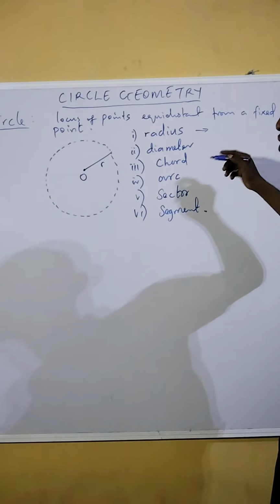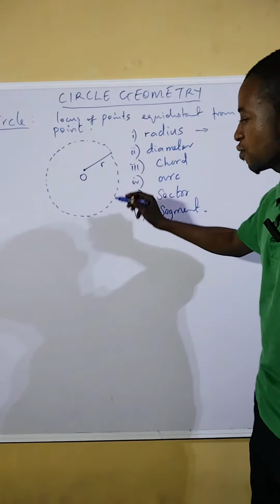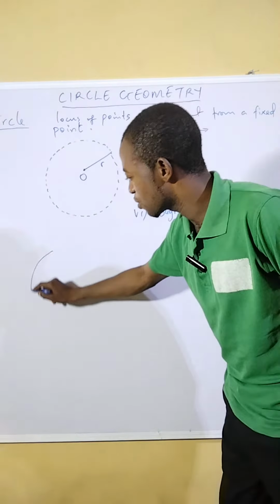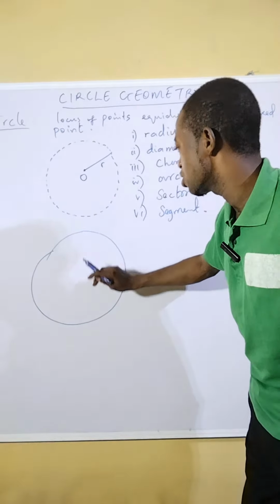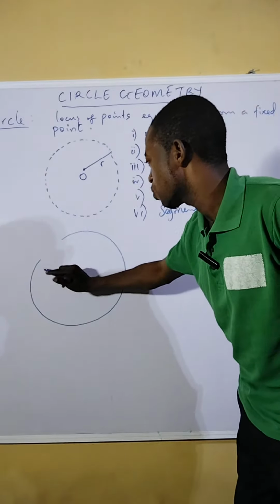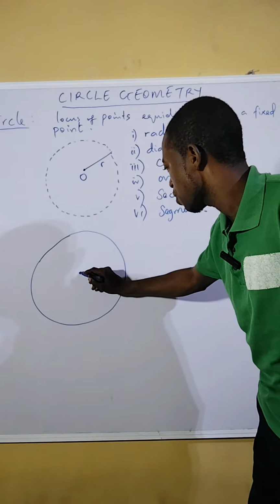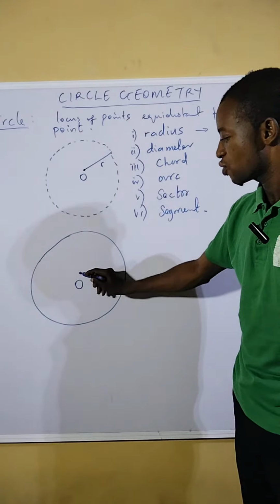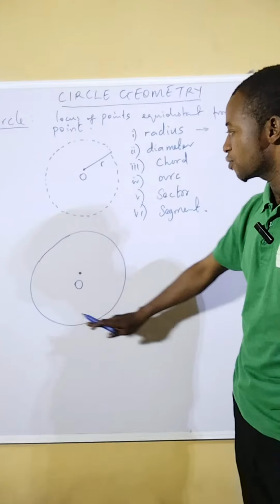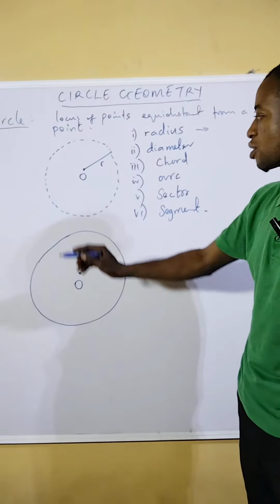Now, what is a radius? A radius is just the line drawn from the center of a circle to the circumference. For instance, if we have a circle, let's say this is a circle with center O. The line drawn from the center to any part of this circumference, this is the circumference here, the distance around the circle is called the circumference.